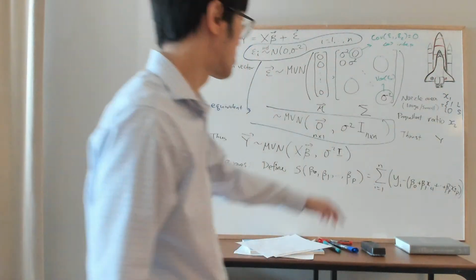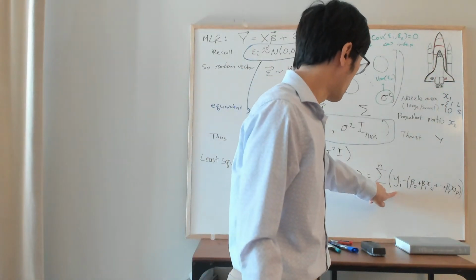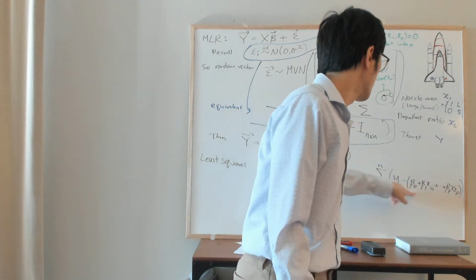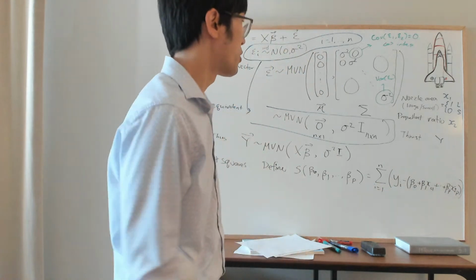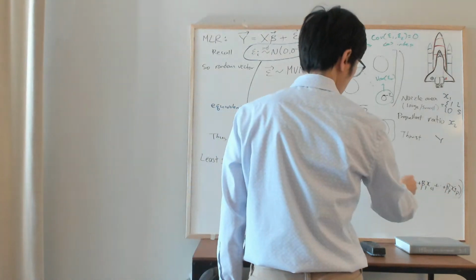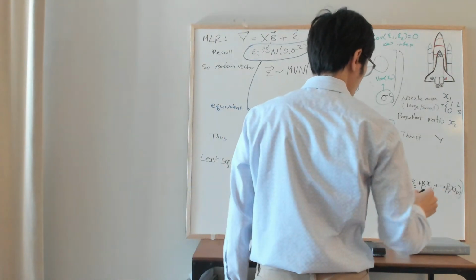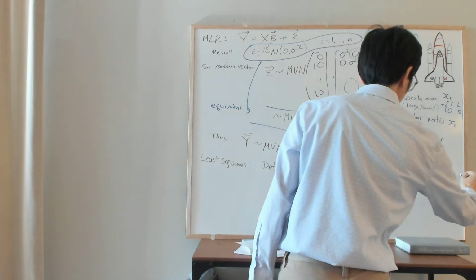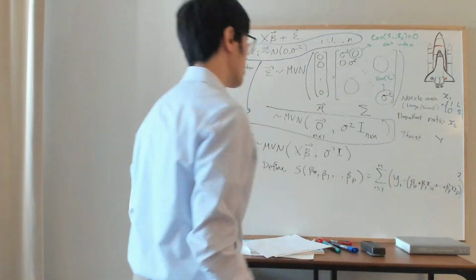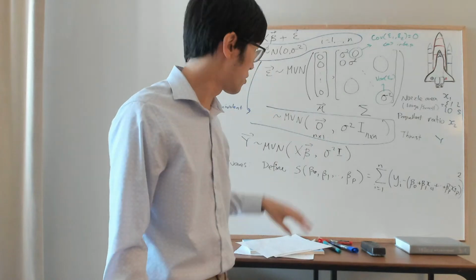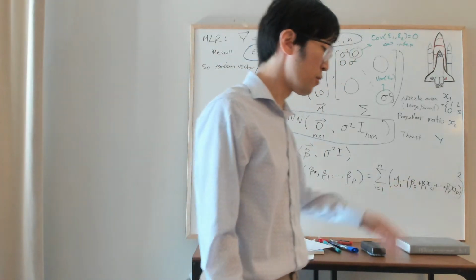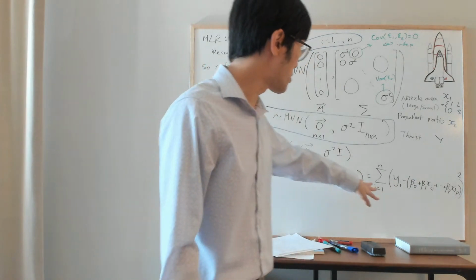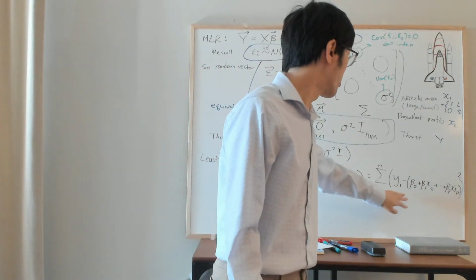That's the difference between the response and the regression part that we're going to fit to the response. So we're taking the difference, y i minus the entire regression part, and then squaring, and then summing over all the observations we have.